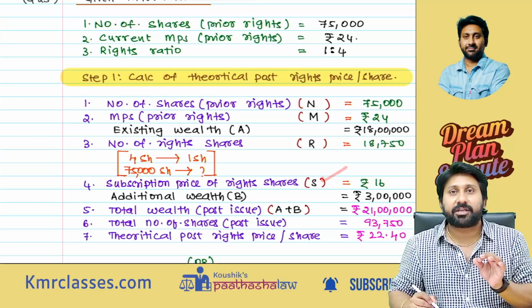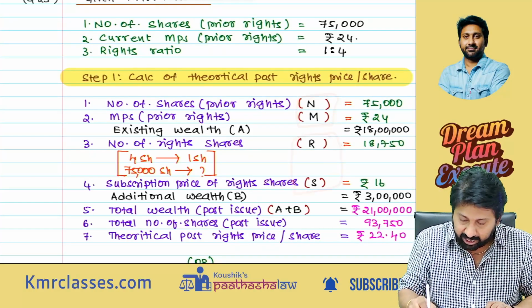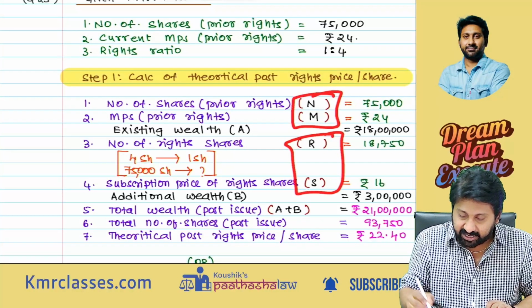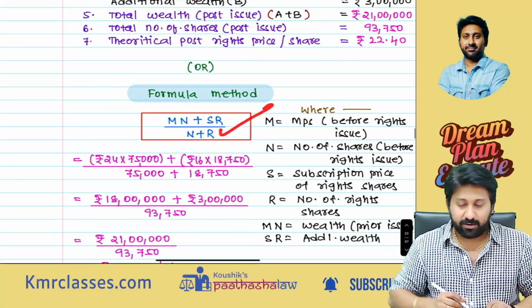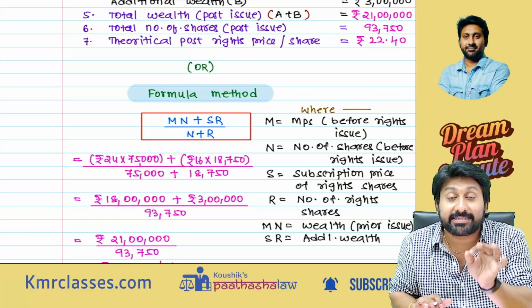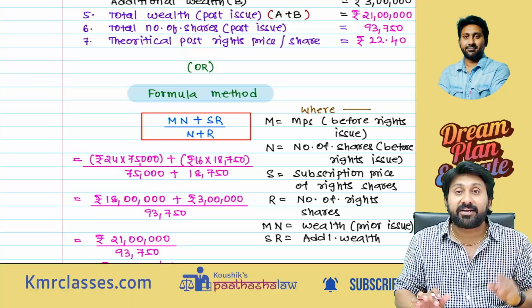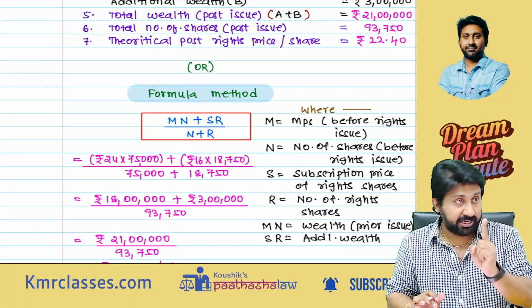S is the subscription price. MN plus SR, I repeat, MN plus SR divided by N plus R will give you the theoretical post rights price per share. What is it? Theoretical post rights price per share.